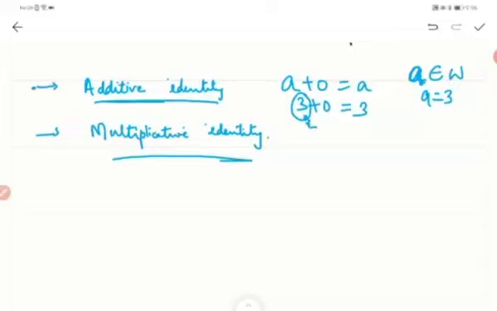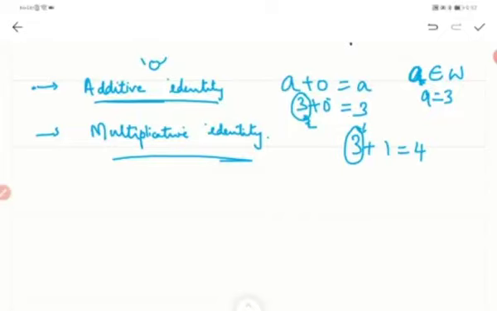If I don't add 0 but add some number like 1, then this 3 is losing its identity and getting the output 4. So in addition, you will take 0 as the additive identity.